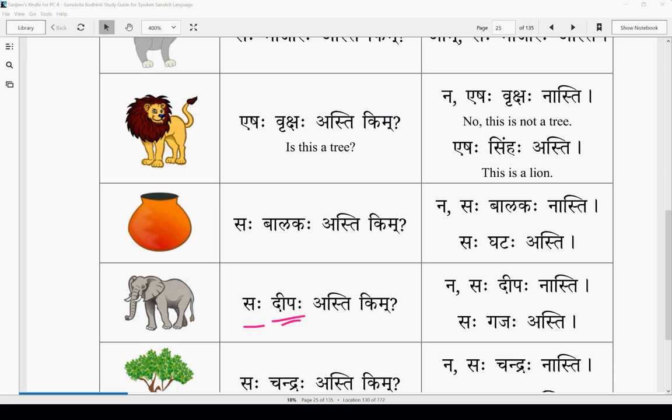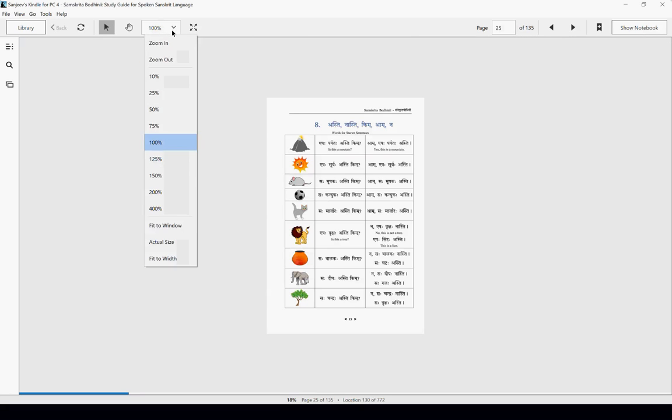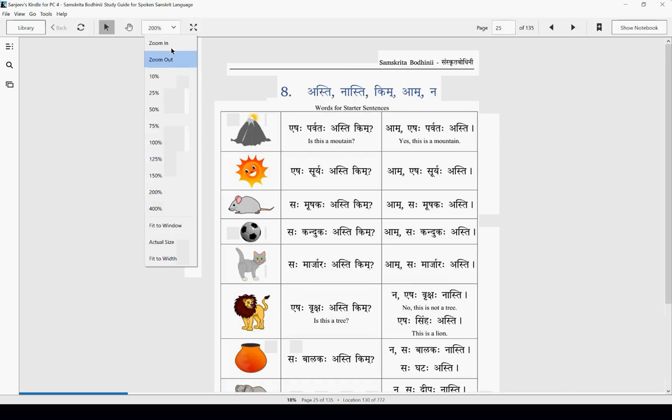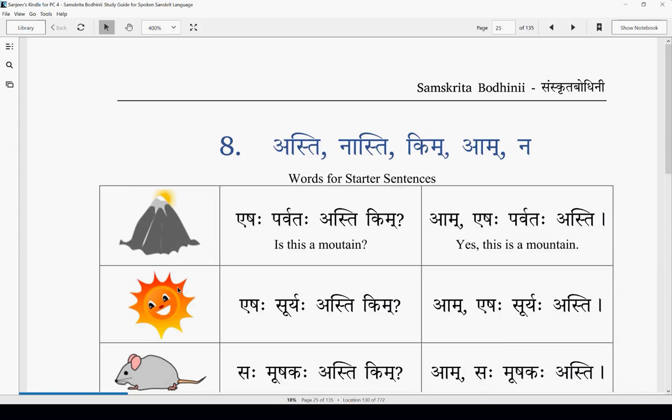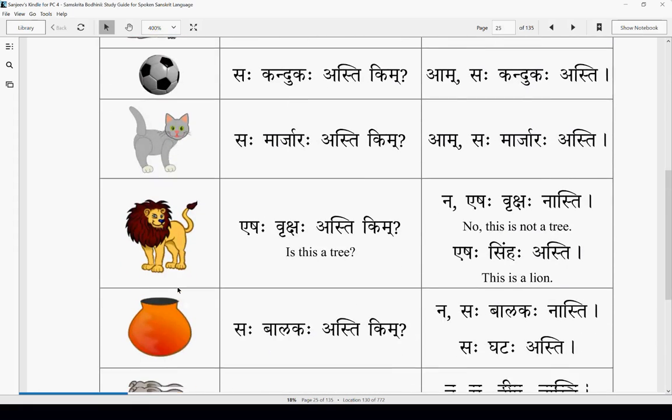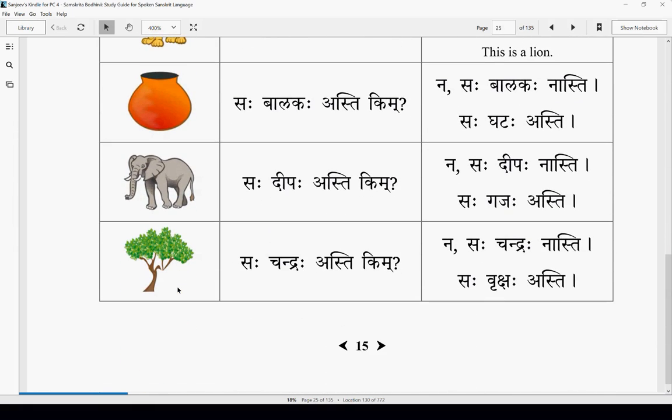Na saha deepah nasti." "Saha gajaha asti." The last one. "Saha chandraha asti kim? Na saha chandraha nasti." "Saha vrikshaha asti."